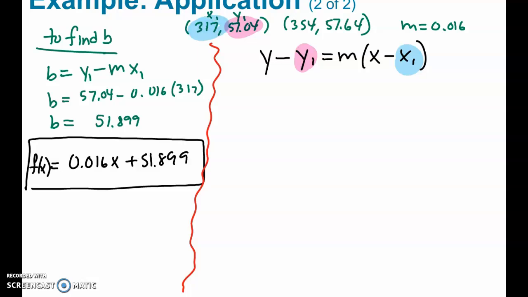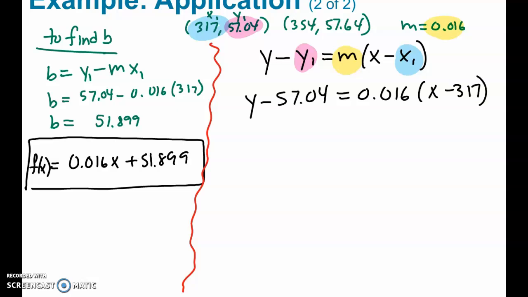And then I'm going to take the slope, and I'm going to plug it in for m here. And again, I'm going to use the unrounded slope, but for ease of writing, I will just put the rounded value there. So putting in y1, putting in the slope, and then putting in x1.